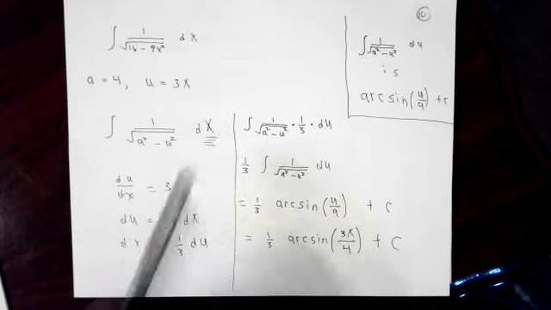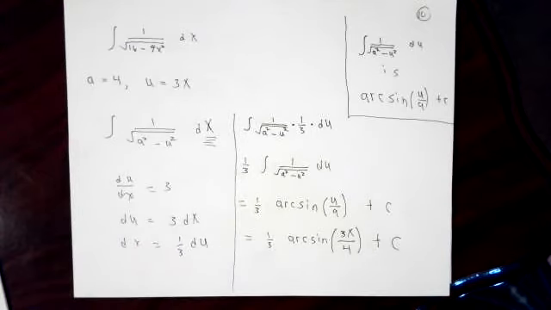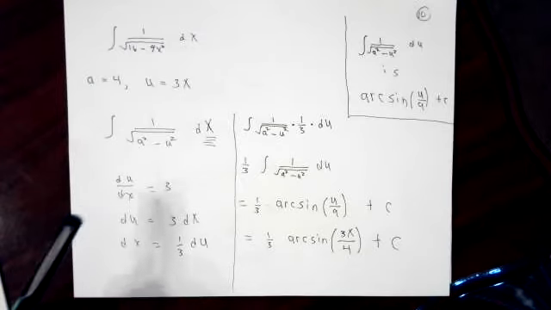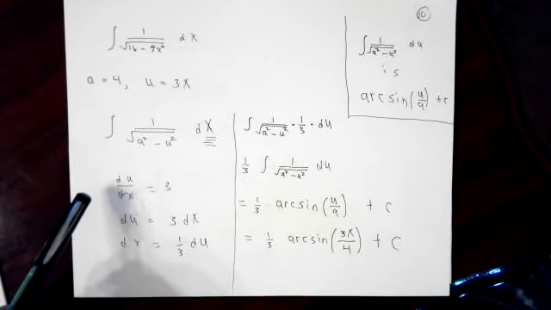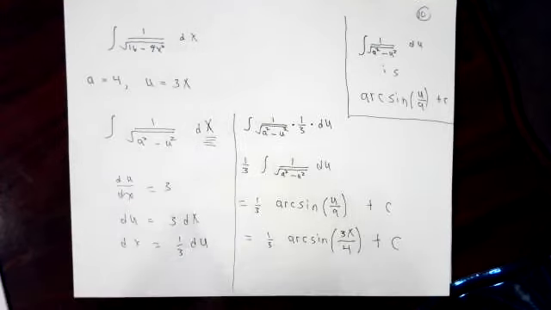The dx needs to be converted into the corresponding du quantity. So the derivative of u with respect to x, the derivative of 3x, is the constant 3. So du equals 3 times dx, which means that dx is 1/3 times du.